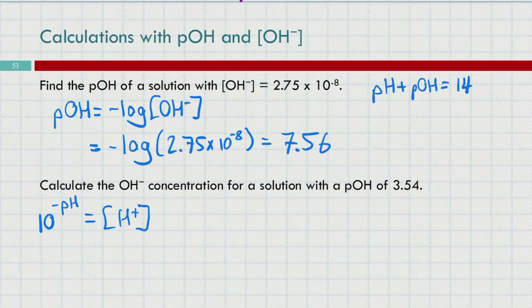We can put in instead pOH and OH minus. And it's the same thing because it's the same relationship. So 10 to the negative pOH equals concentration of OH minus.